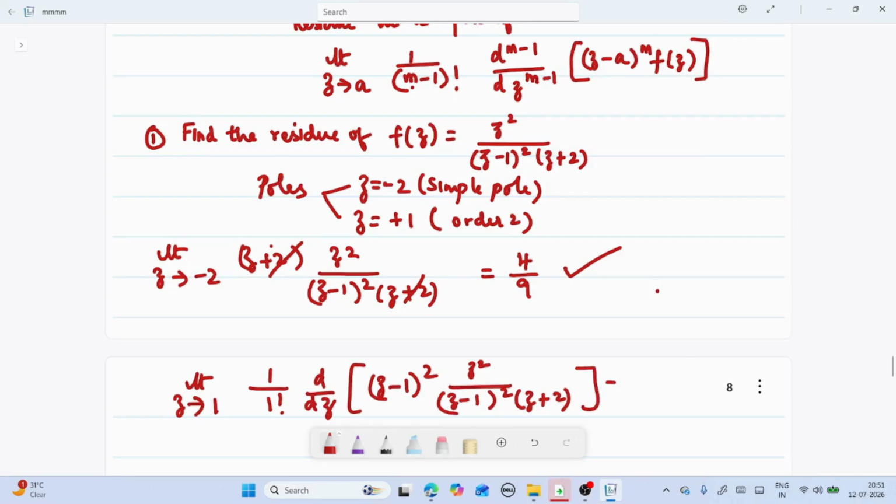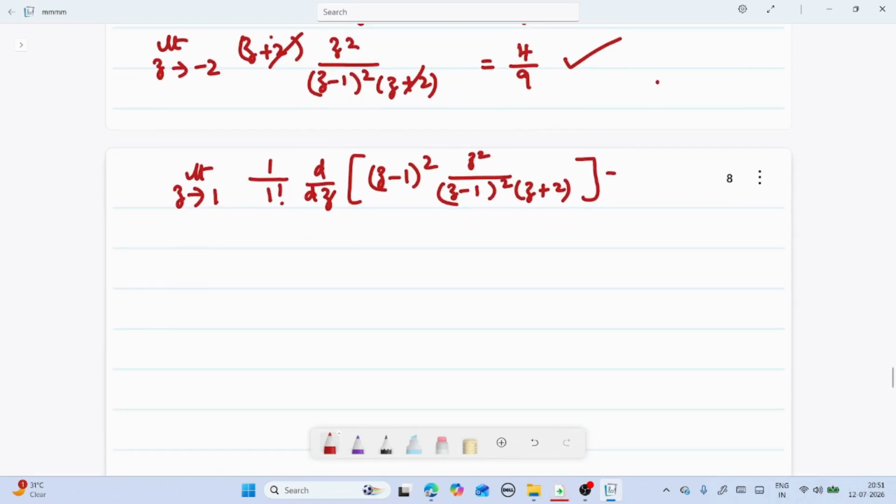Okay. So you can see that this will get cancelled. So you will be just left with limit z tending to 1 d by dz of z square by z plus 2. So you will have to differentiate it once and then you will apply the limit z tending to 1.